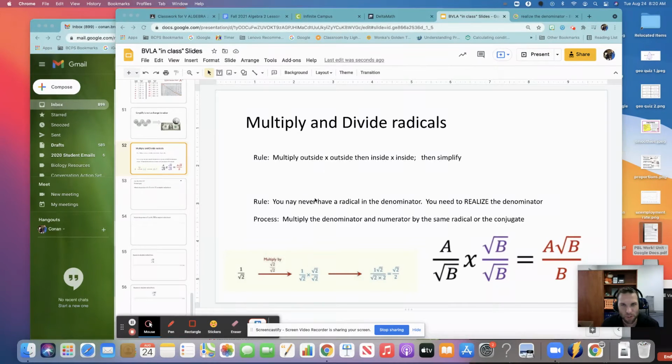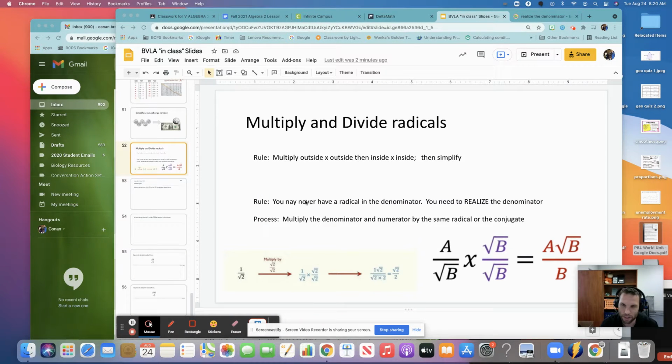The other rule is with division. And that says that in math, you are not allowed to write a fraction with a radical in the denominator. And so if you're doing some calculation and you end up with a radical in the denominator, you will need to do what's called rationalize the denominator, which means that you're going to remove the radical.